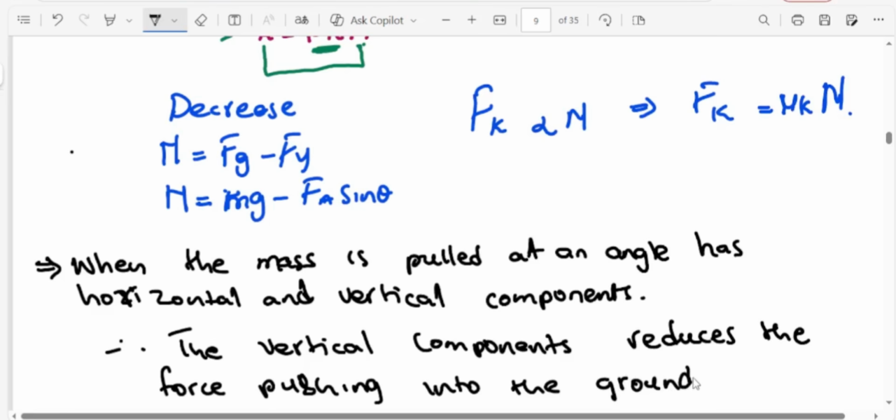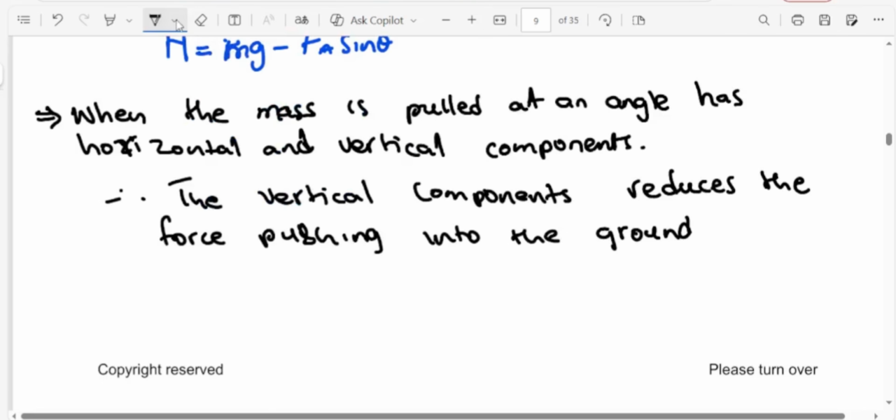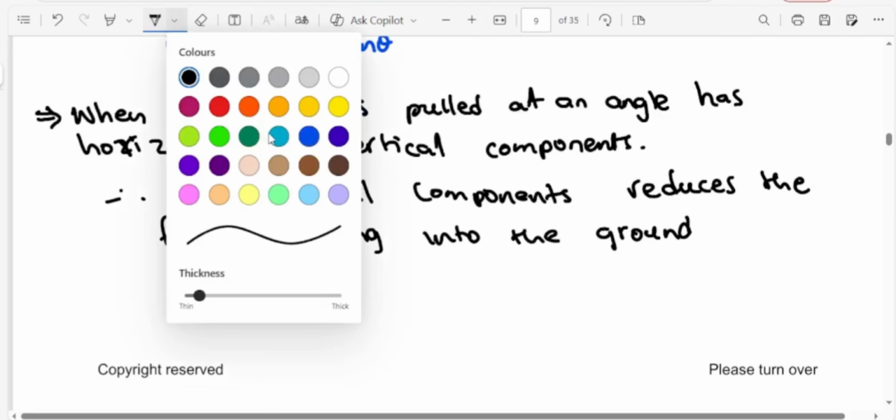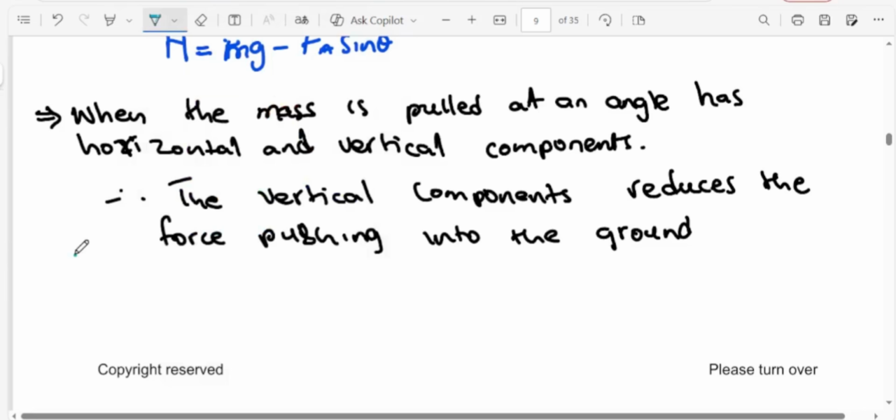So if it reduces the force pushing into the ground, what happens to the normal force? Therefore, this reduces the normal force.